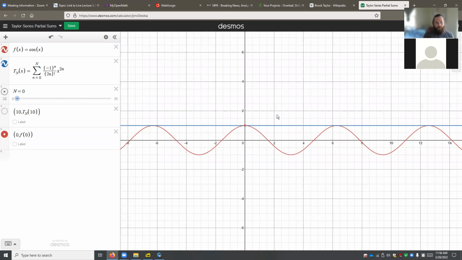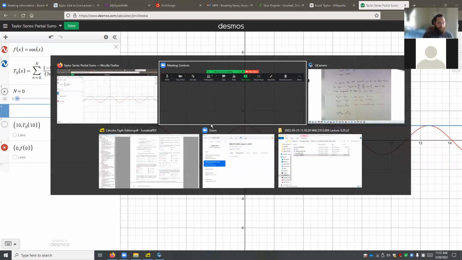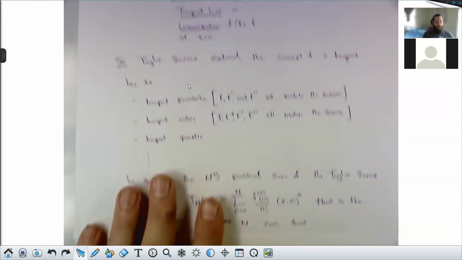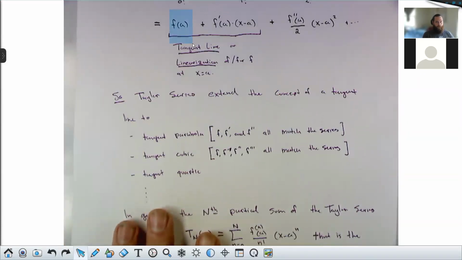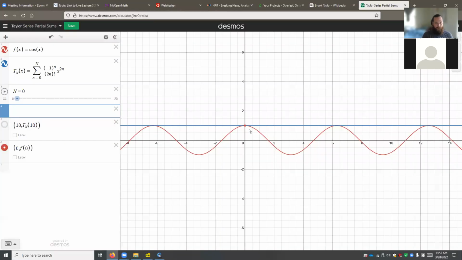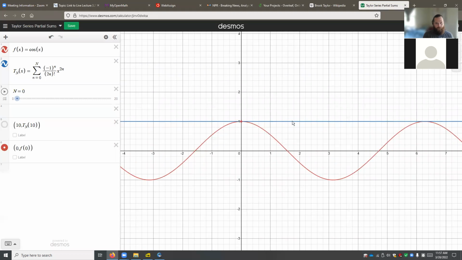So watch what happens as I look at more and more terms of the series, higher and higher degree Taylor polynomials. Here, n is equal to 0. So we're looking at just the constant term, right? It's just this part. And you see that at the center 0, the blue and the red match.